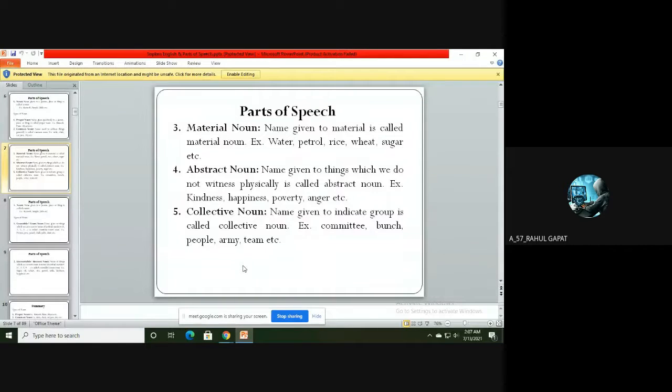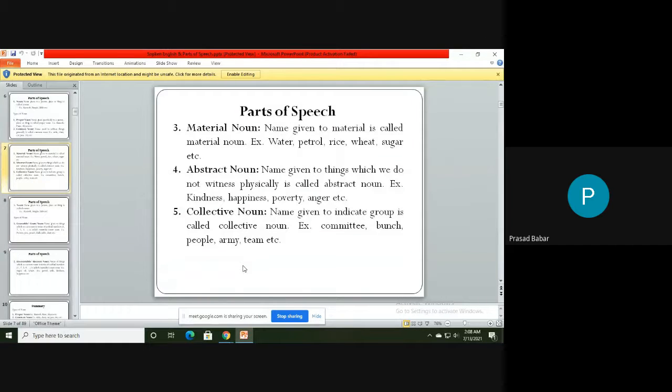In the last lecture, we have discussed the parts of speech, and we have completed noun and its types. Also, in the previous lecture, we have completed pronouns. So today we will start with the third part of speech.